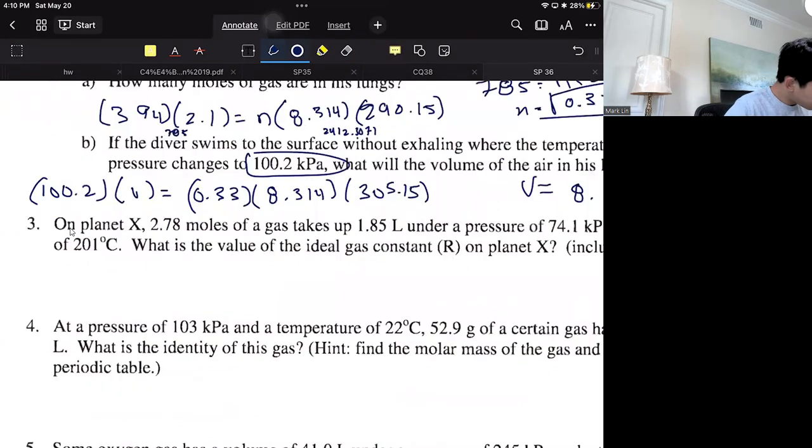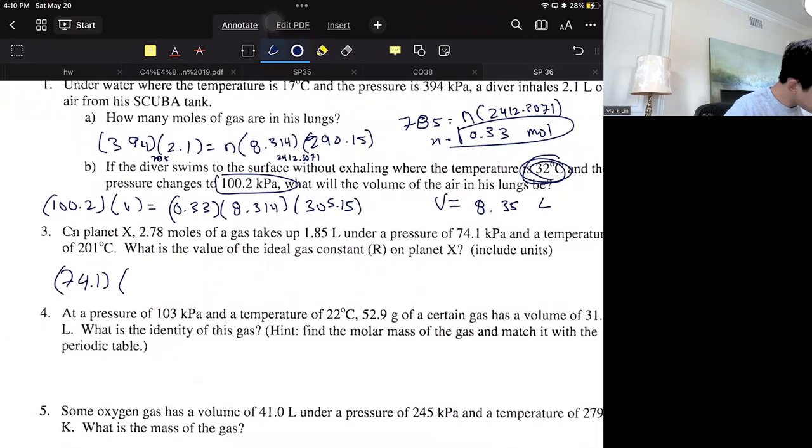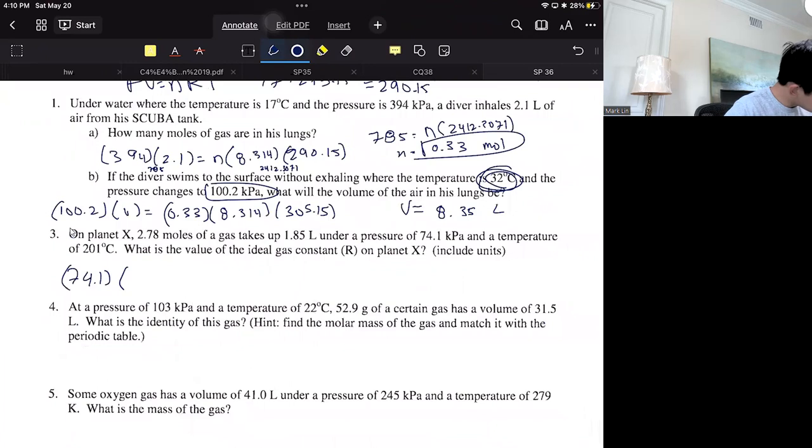Plugging and chugging. Pressure is going to be 74.1. The volume is going to be 1.85. n, the moles, is 2.78. R is what we're trying to find, and then the temperature is 201. Psych, it's not 201.